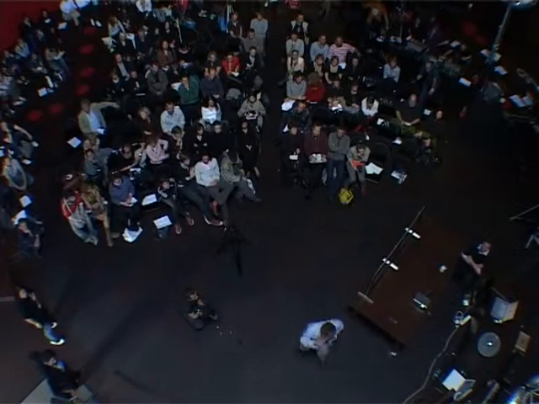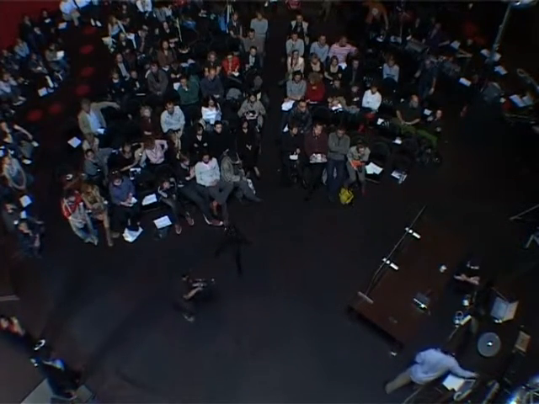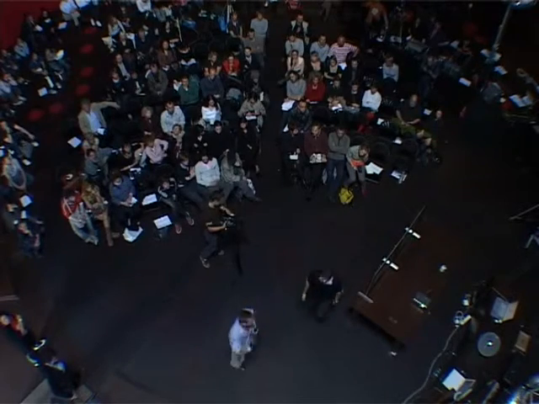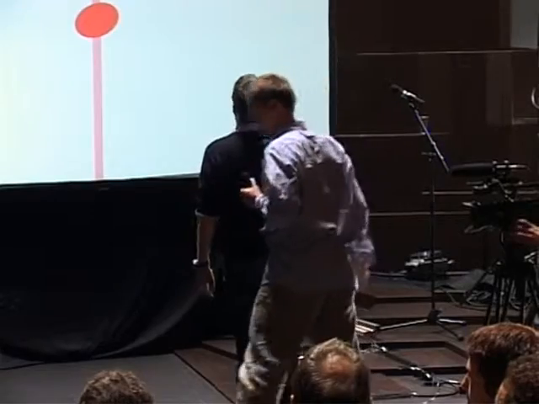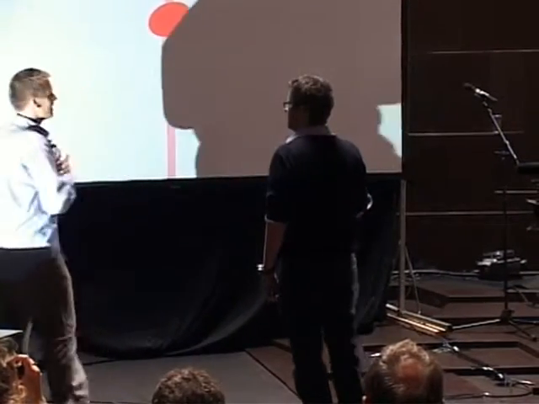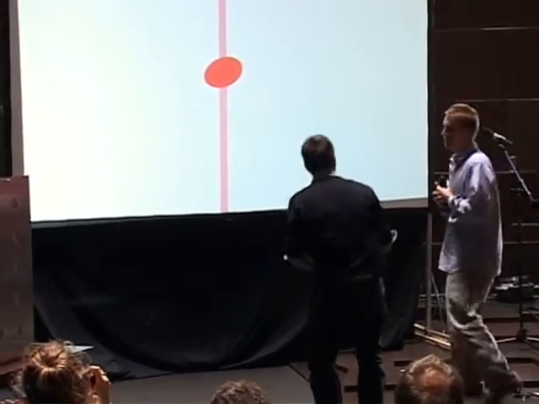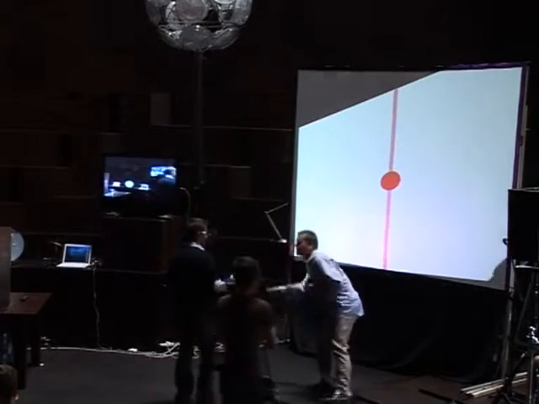So what I'm going to do is I'm going to ask Olafur, do you mind coming around here and take that ball, stand here in front of the screen, and the object is to hit this red spot with this ball. Underhand, or overhead, but maybe underhand.